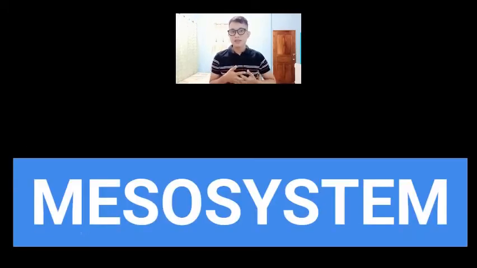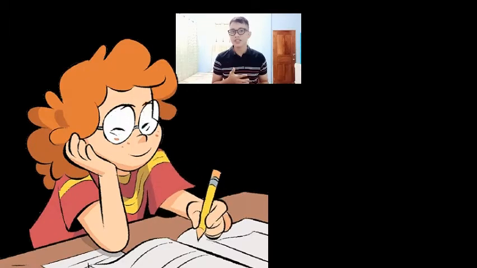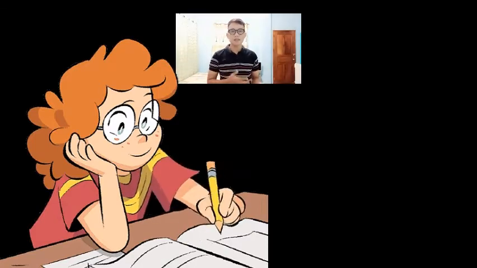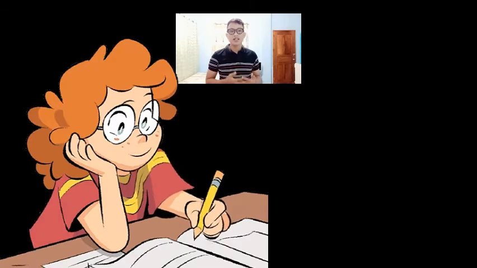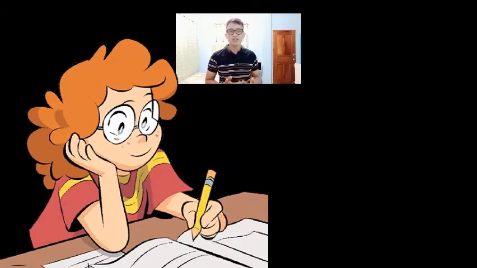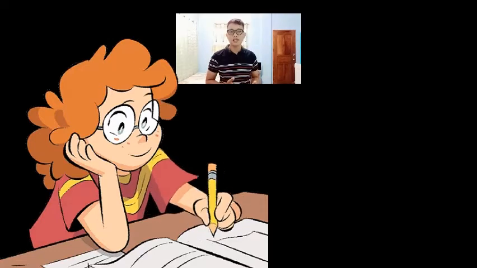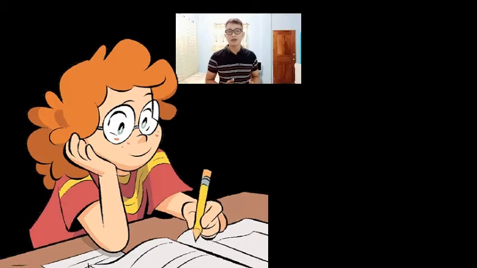Number two is the mesosystem. The mesosystem encompasses the interactions between the child's microsystems, such as interaction between the child's parents and teachers, or between school peers and siblings. The mesosystem is where a person's individual microsystems do not function independently, but are interconnected and assert influence upon one another.